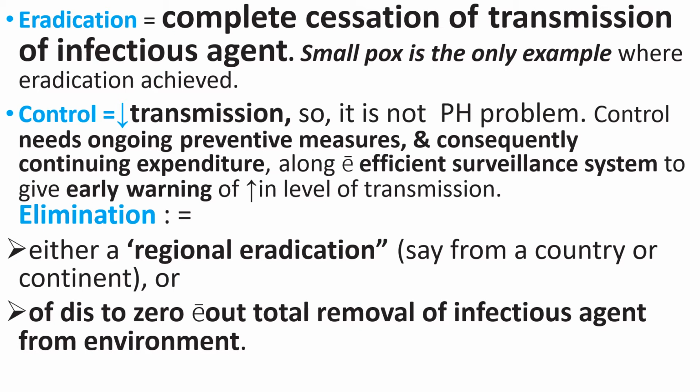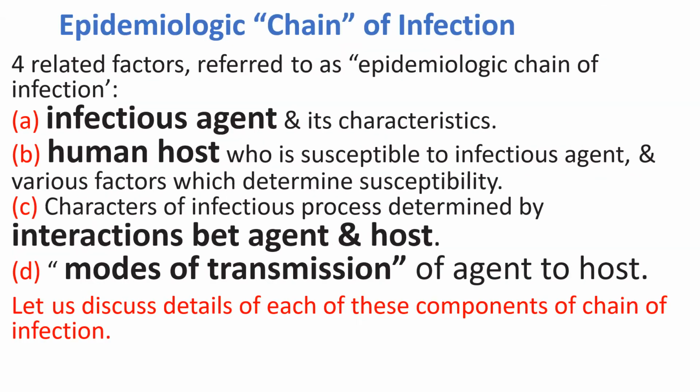Control needs efforts, ongoing preventive measures, consequently continuing expenditure, along with an efficient surveillance system to give early warning of increased level of transmission. It needs time, efforts, money, manpower, and good knowledge of epidemiology.